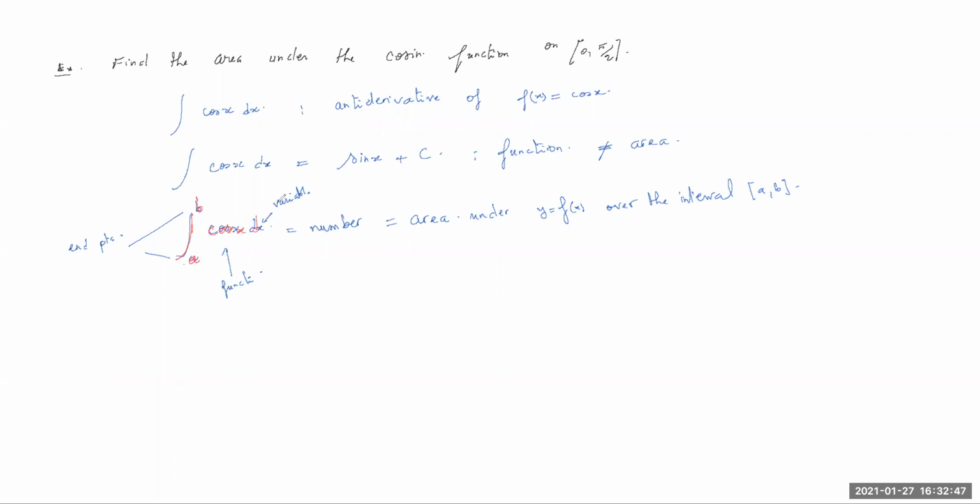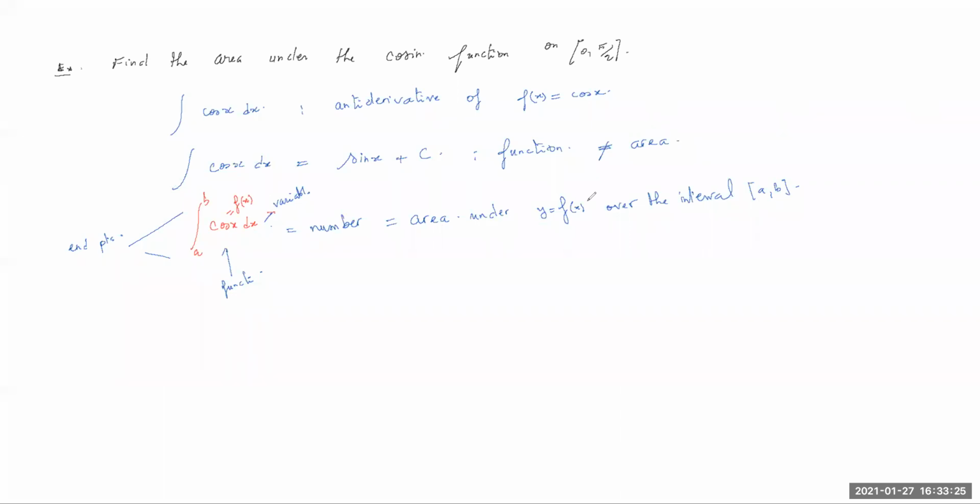I will write it: the integral from a to b of cosine x dx. So x is the variable, you have the function, you have the endpoints, and what you have here is an area under the given function f(x) over the interval a, b. While this notation gives you just an antiderivative, which is a function. It's not an area.